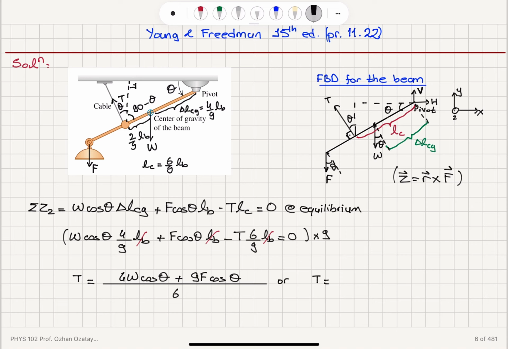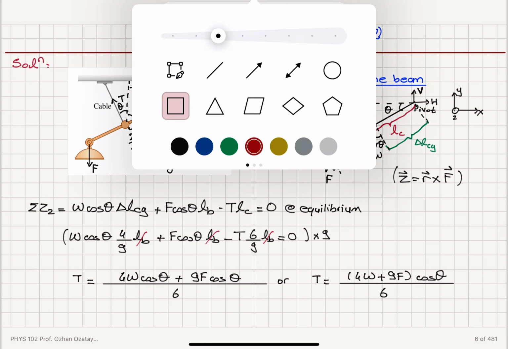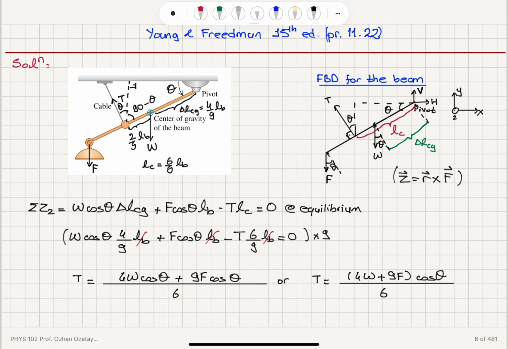The tension equals, in cosine theta parentheses, I have 4 times the weight plus 9 times the force, 9F cosine theta divided by 6. So that's my symbolic answer to this question.